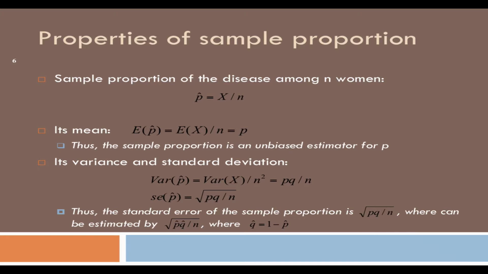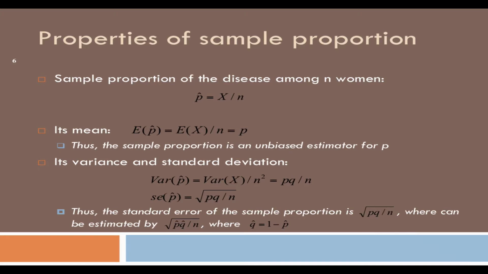So this is property 1. We solved it. The second property: what is the variance of p hat, or the variance of your estimator? The variance of p hat is the variance of x over n. N is a constant, so n can be taken out, but because it's a variance, when you take it out you have to put a square.